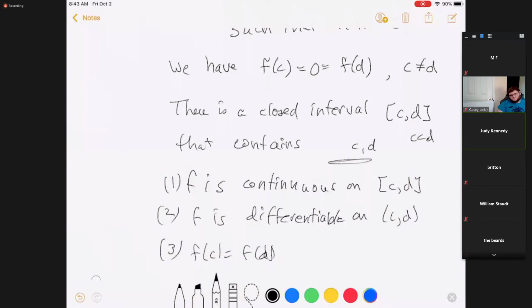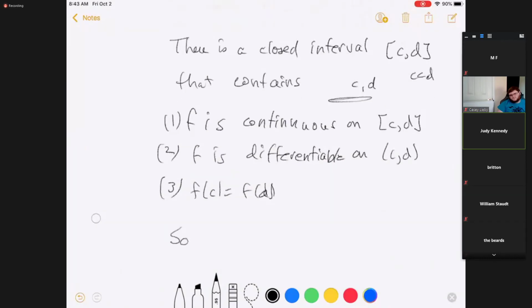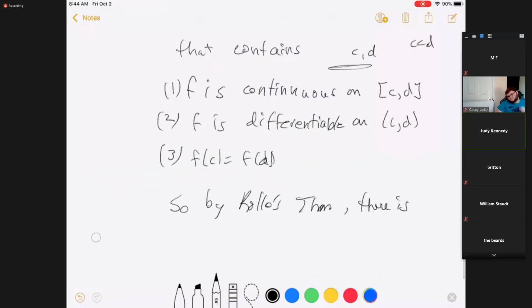So by Rolle's theorem, or the mean value theorem, there is some, I've already used C and D. I need to name it something else.